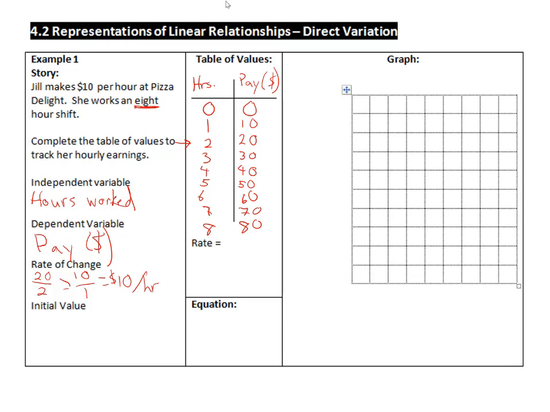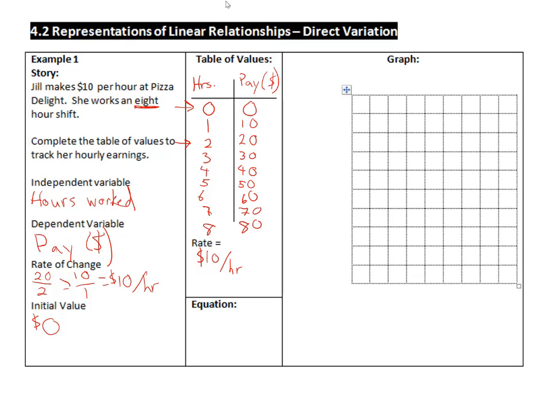The initial value is $0, because if we look at the very first line here, we notice that we start with 0, because you can work 0 hours. That is possible. You can't work negative hours. The rate, again, is just $10 per hour, because every hour she works, she earns $10.